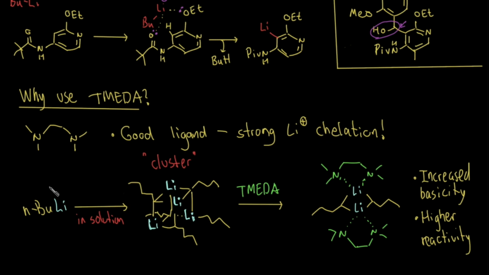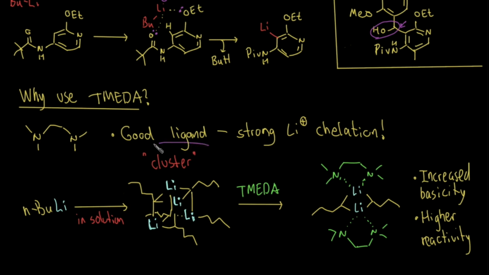The reason why this is very important is that butyl lithium is not just in existence as monomers in solution. In fact, many of these organometallic compounds form these clusters in solution. That's also true for Grignard reagents, for instance.